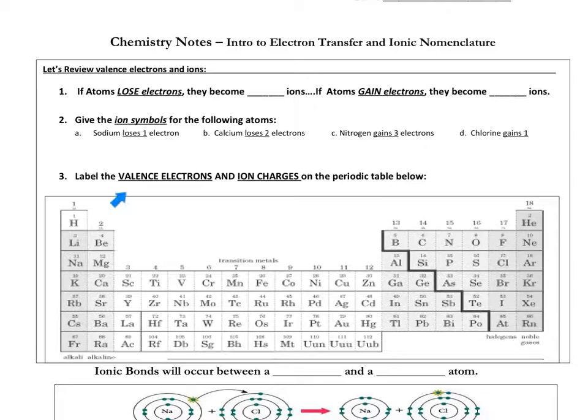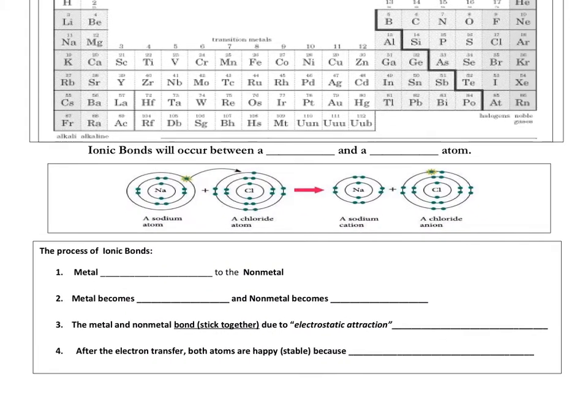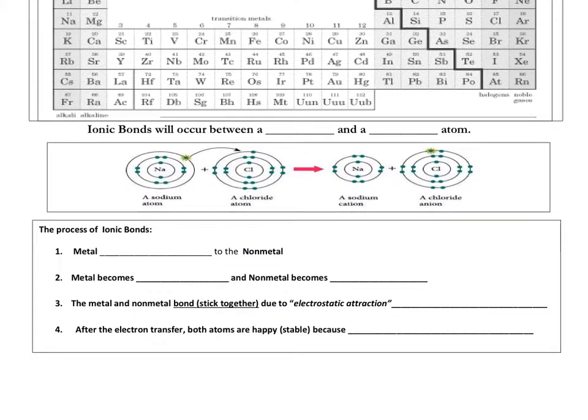When you get a chance, pause the video. Answer questions 1, 2, and 3 on your own as a warm-up, and then, in addition to that, answer the questions regarding ionic bonds down below. Then you can press play to check your answers. So go ahead and pause the video and get started.